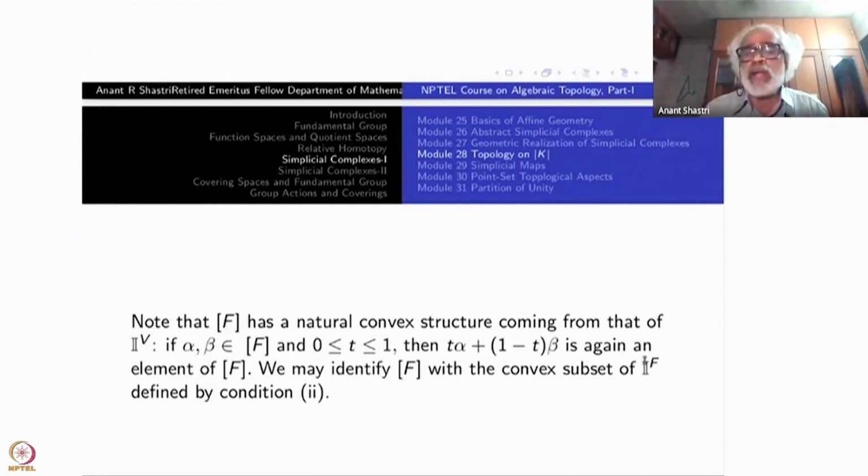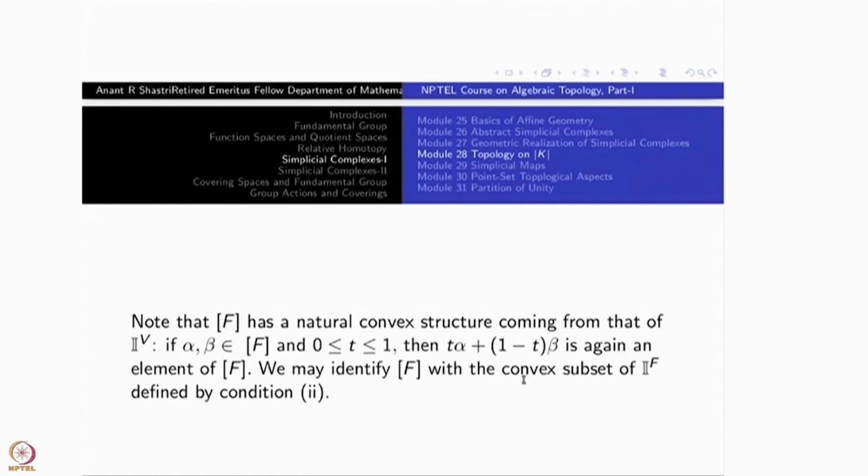So there is an identification of this one also. And of course, inside that you have to again take condition 2, that the sum total is equal to 1. I have just excluded all those coordinates for which the value is 0 anyway. So that is why I have taken only this part. That's all.